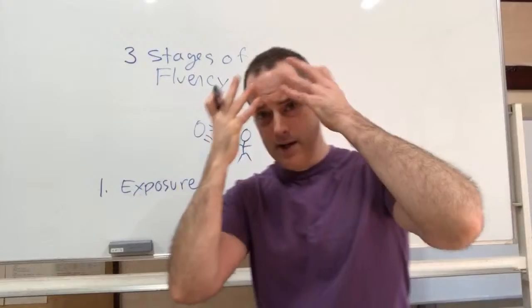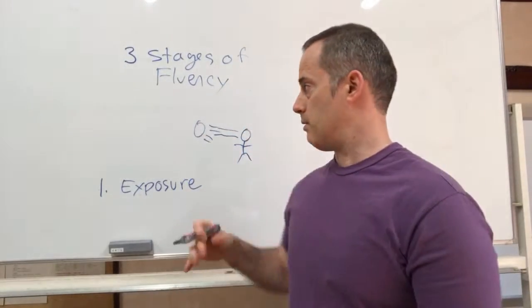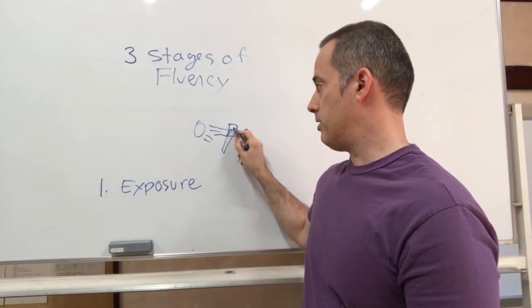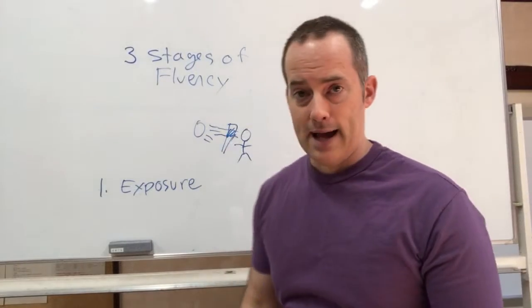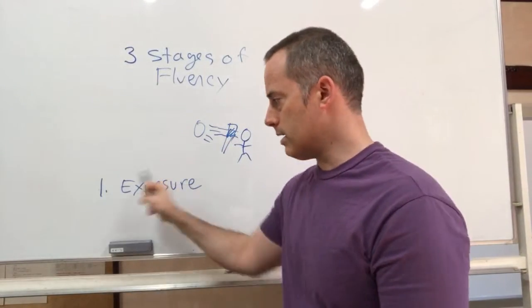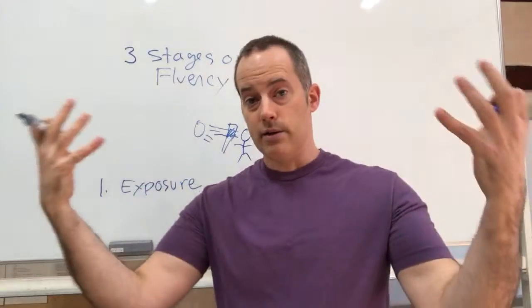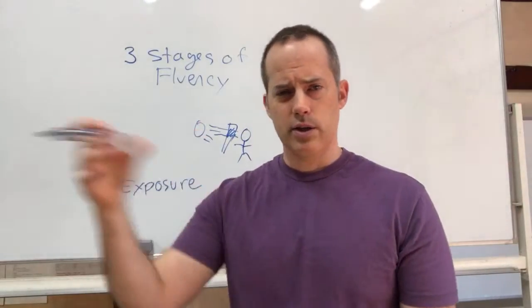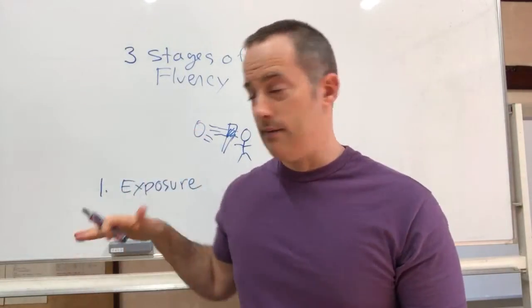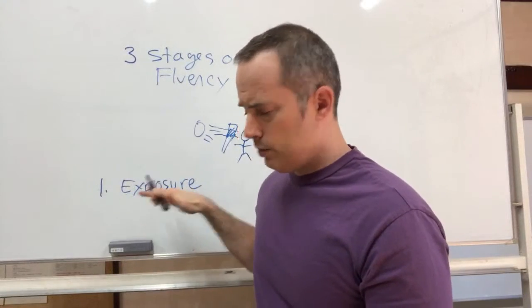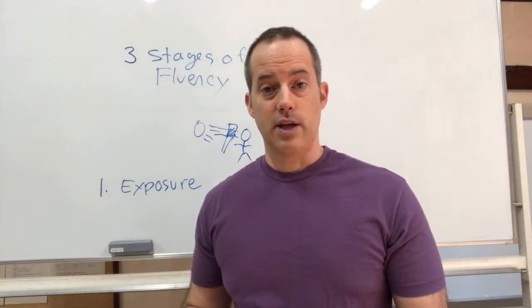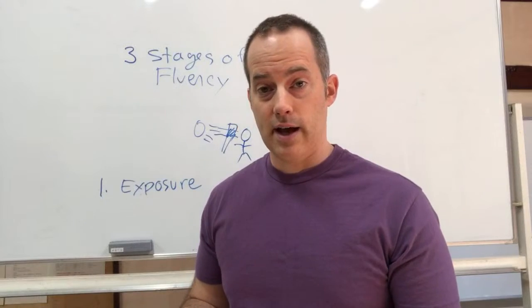But if I put some sunscreen on my face, or I have a wall that's blocking this, now I am not exposed. So the basic idea of exposure means that you're hearing the language, you're understanding something, maybe you read it, but at a very low, simple level. Maybe you don't even understand, it's not even conscious.